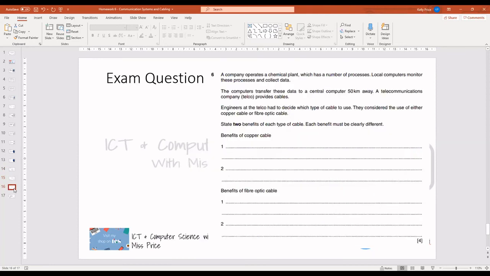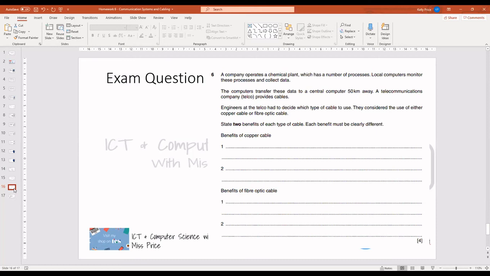Now, the problem is that here I find that some of the students, you don't explain your answers. You need to explain your answers clearly, all right, and use keywords where possible. So it says a company operates a chemical plant which has a number of processes. Local computer monitors then process and collect the data. The company transfers this data to the central computer, which is 50 kilometers away.